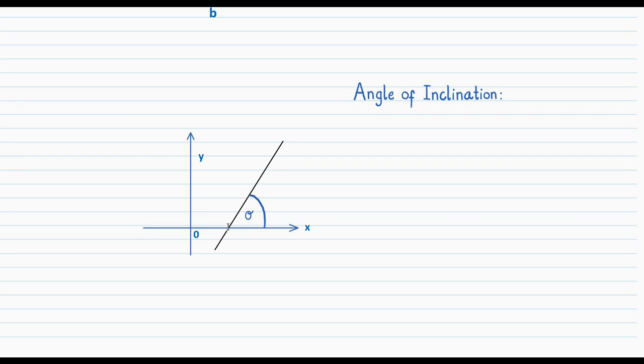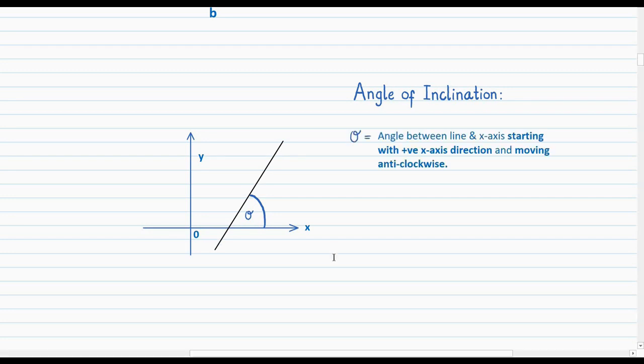You can think of the point where it touches as the origin. So this would be the positive x direction, and that would be the negative x direction. So this angle would start at the negative x direction and move anti-clockwise till it reaches the line, which doesn't work with the definition, which states that it's the angle starting from the positive x direction and not the negative.